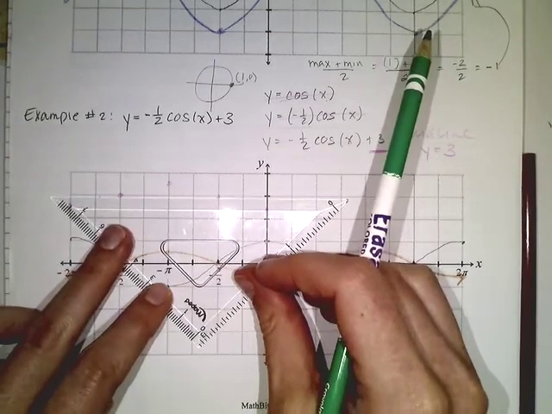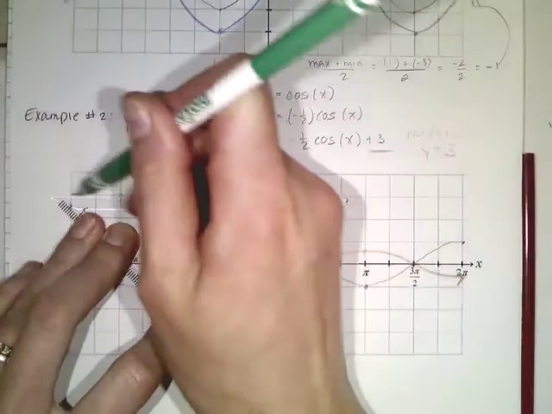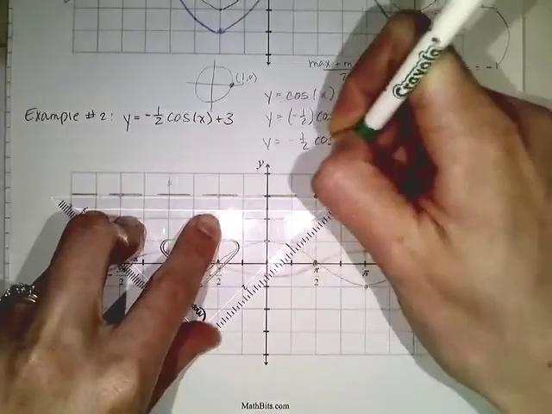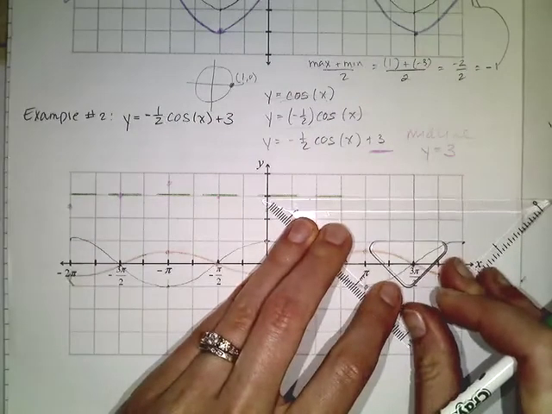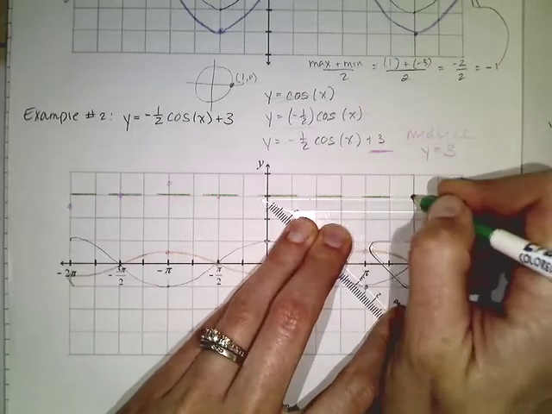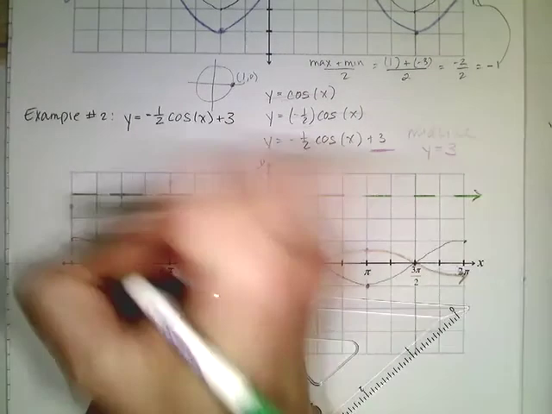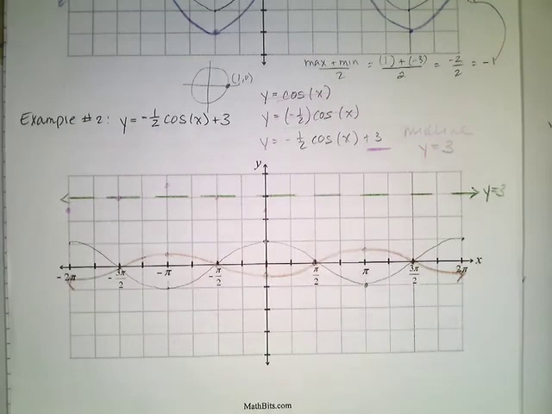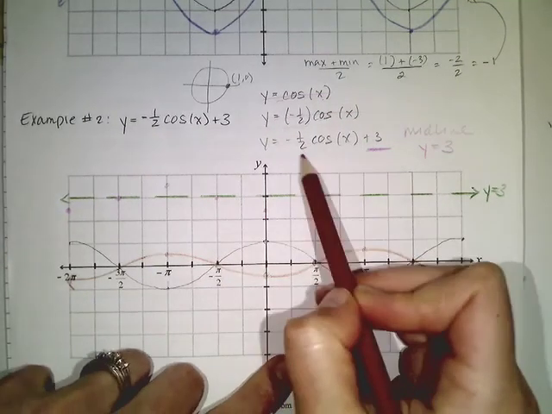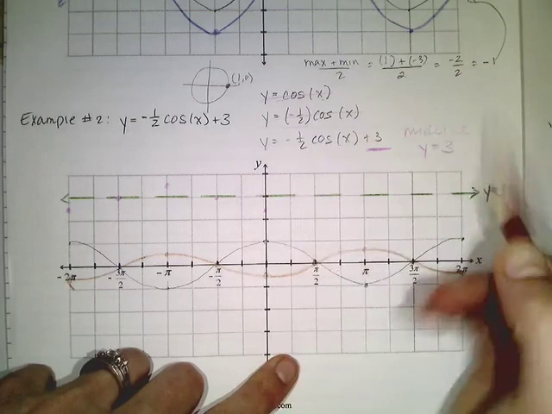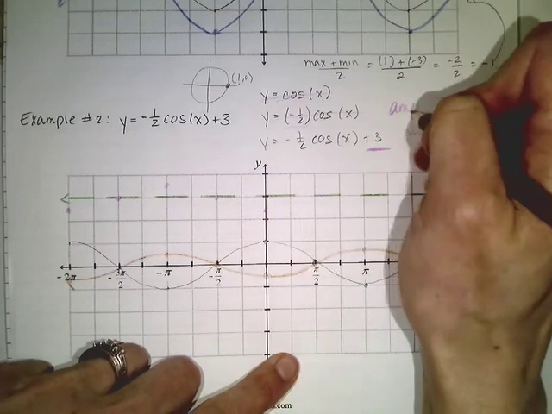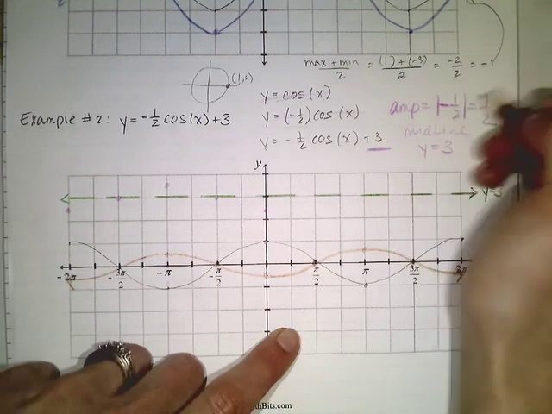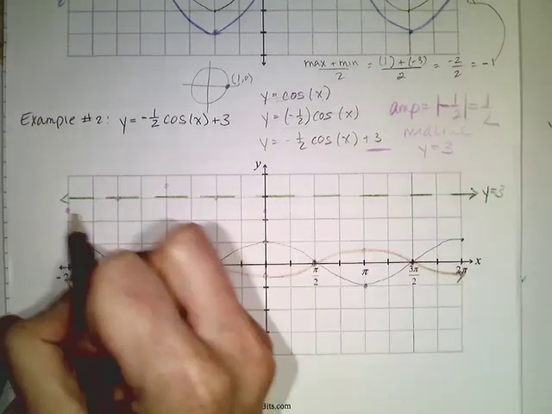So here's our midline of y equals 3. We could just apply the amplitude of negative 1/2, well, the amplitude is the absolute value of negative 1/2. Just make sure we're very clear, that is a separate reflection.